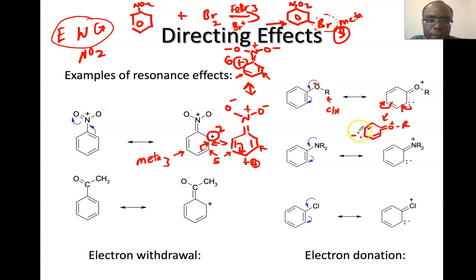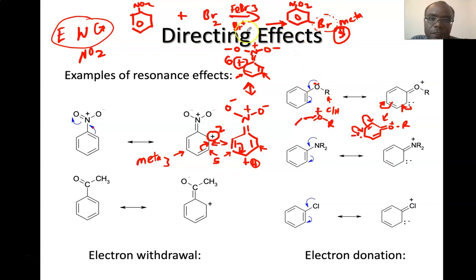mechanism. And then if you push the lone pair here, okay, if you push this lone pair there, this pi bond opens up, goes to the next carbon. So now in this case, we don't have plus charges like we had here. In this case, we have negative charges.